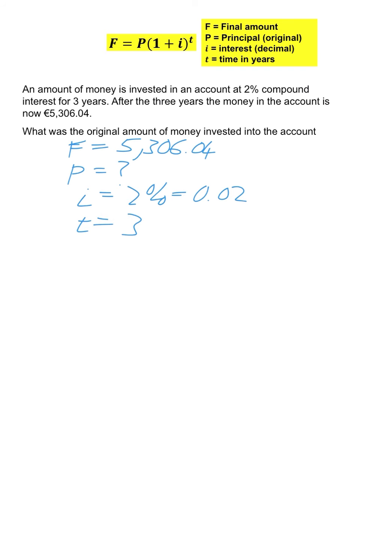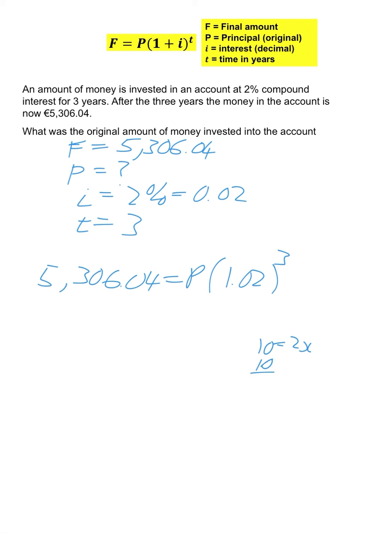So let's put everything we know into the formula. So we have 5,306 euro and 4 cents equal to the principal, which we don't know, times 1.02 to the power of years, so that would be to the power of 3. Just like if you were solving an algebraic equation, and let's say you had 10 equals 2x, you would divide by 2 to find out what x is.